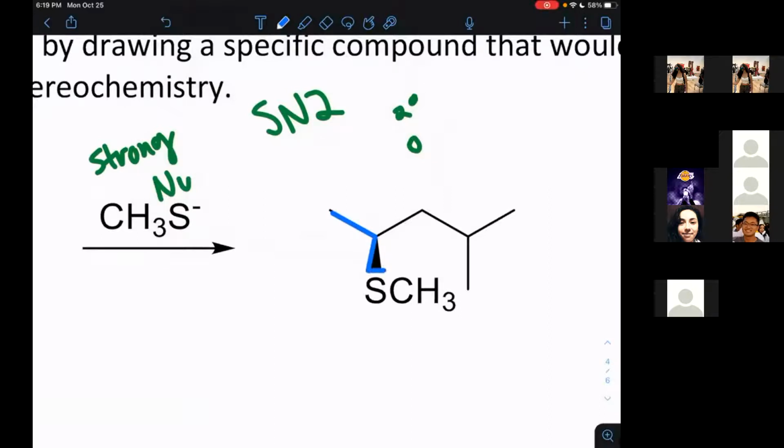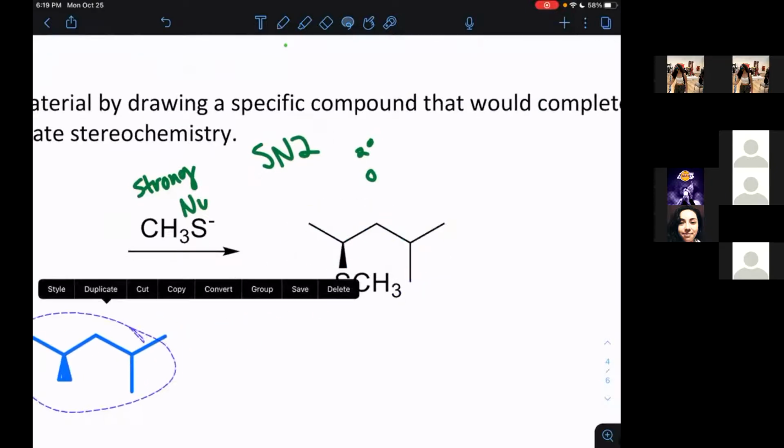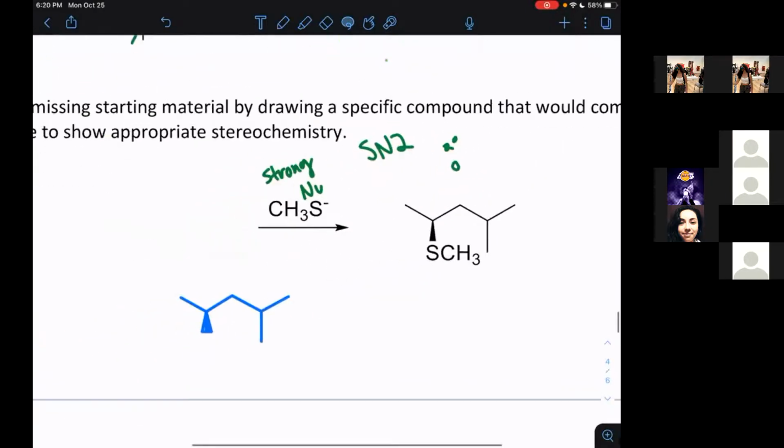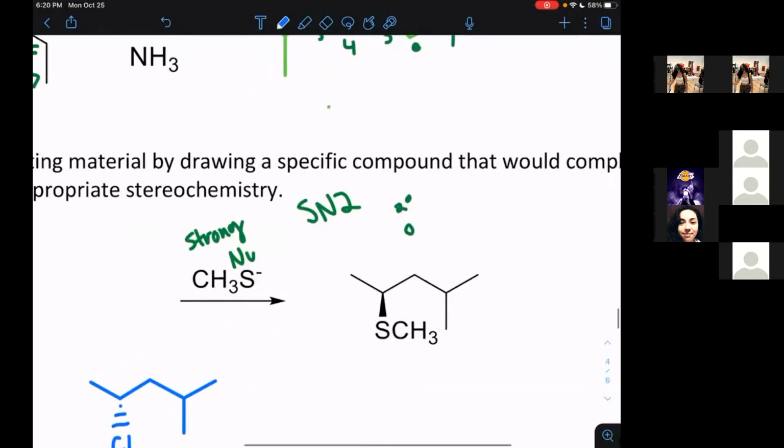Not even that it matters, I don't think. So it'll just be the same structure with a good leaving group right there. Your dash and wedge bond will matter. SN2 has transition states, so you have to remember how it's attacking, from what side. So SN2.